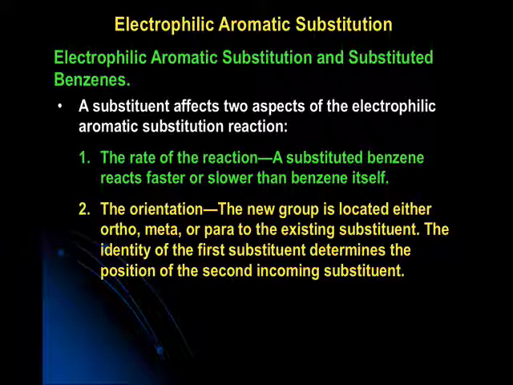And we've already determined that it's going to be activated because this is a more electron-rich benzene ring. But this group also tells us whether or not it's going to be an ortho-para product, which is what we'll get as our major mixture here, or meta, which is going to be our minor of that one. Okay? So this is where all the confusion comes in. You have to be able to determine what that group is that's already on benzene.